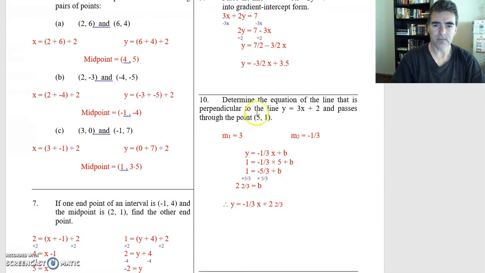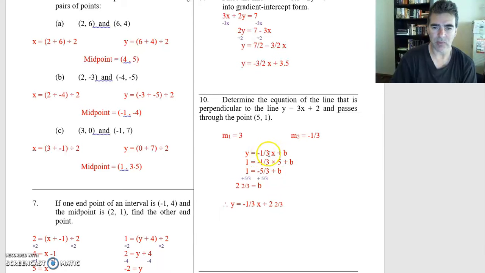For question 10, determine the equation of the line that is perpendicular. There's the key word. So the gradient of this line at the moment is 3. The perpendicular gradient is the opposite sign and the reciprocal. So turning 3 upside down becomes -1/3. Now I can write that in my general equation, y equals mx plus b.